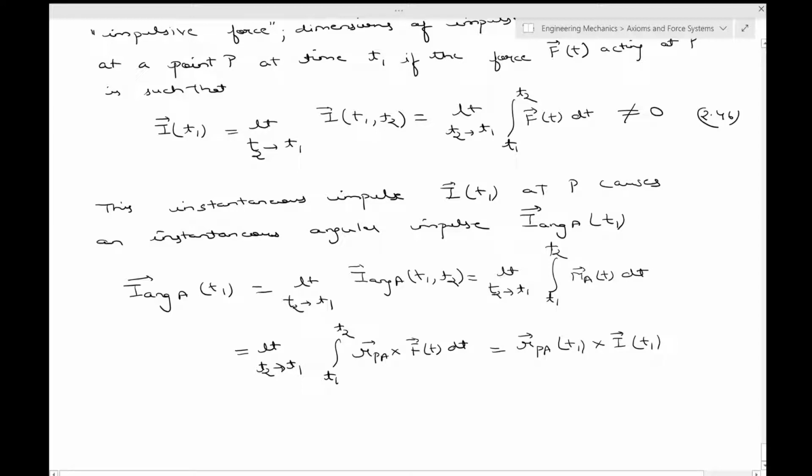Now we have to define it for a couple, this instantaneous impulse again.